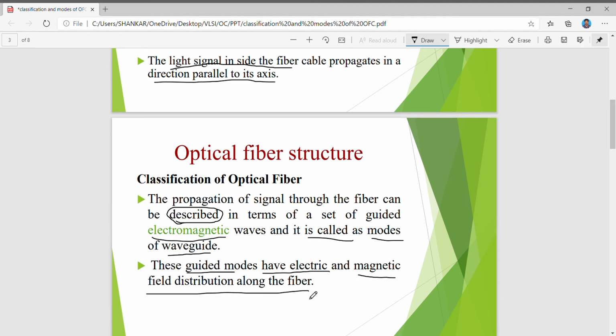So generally, what is the mode? The propagation of signal through the fiber can be described in terms of guided electromagnetic waves, and these are called the modes. So what is the mode here? Actually, the mode represents the way of wave propagation.